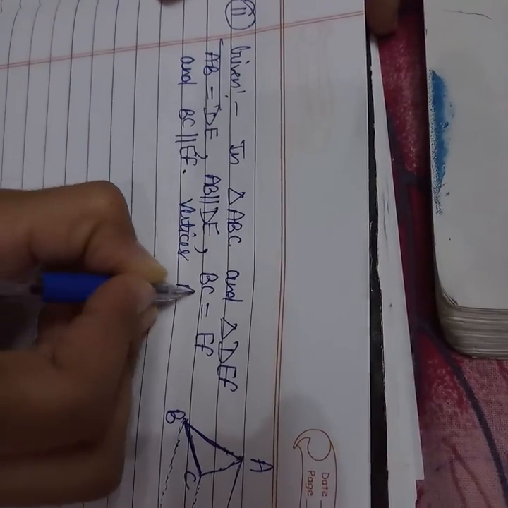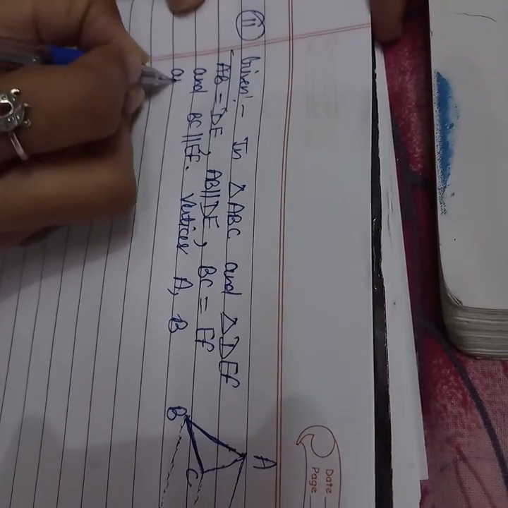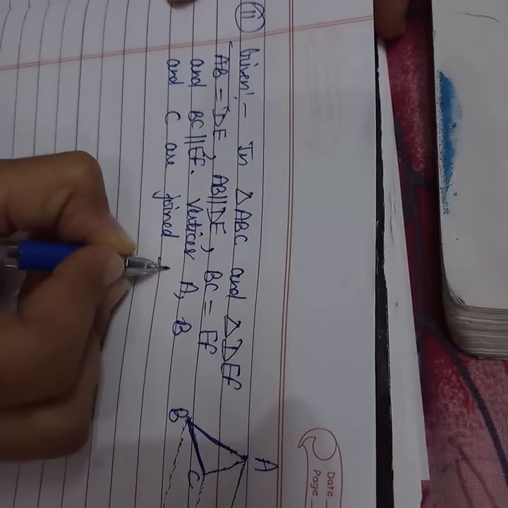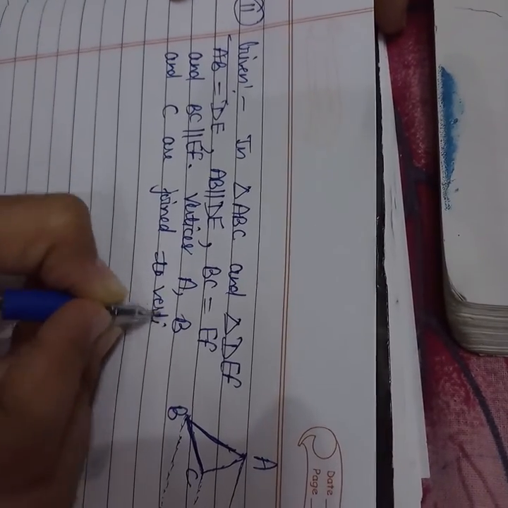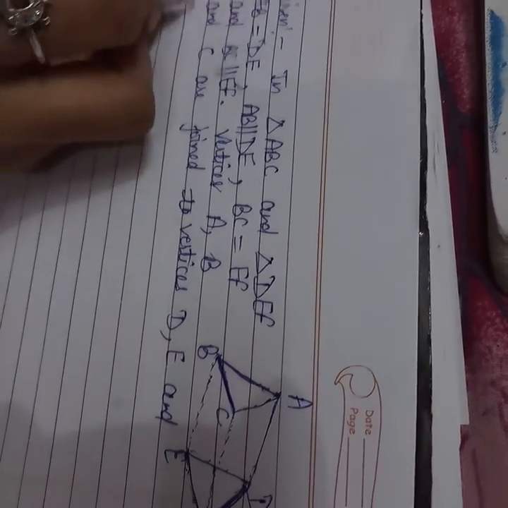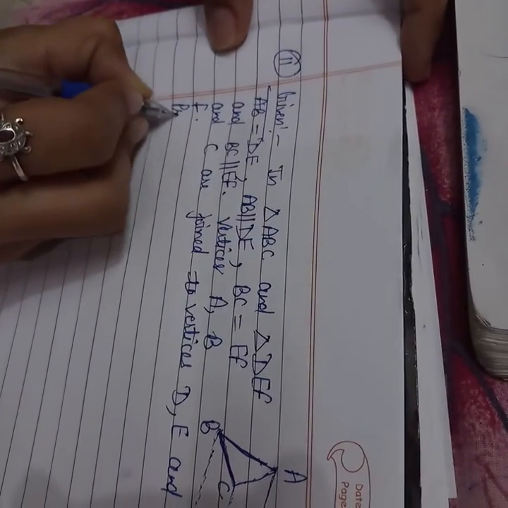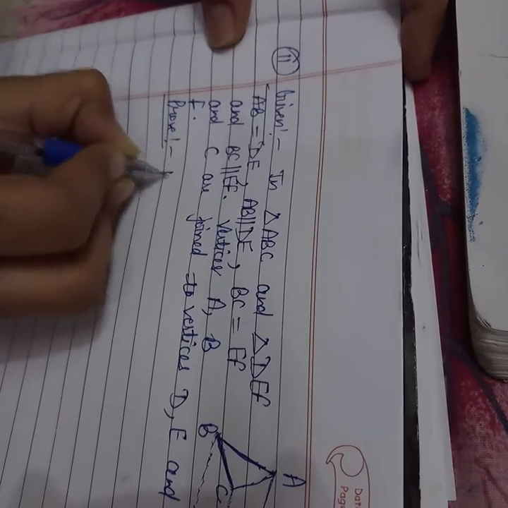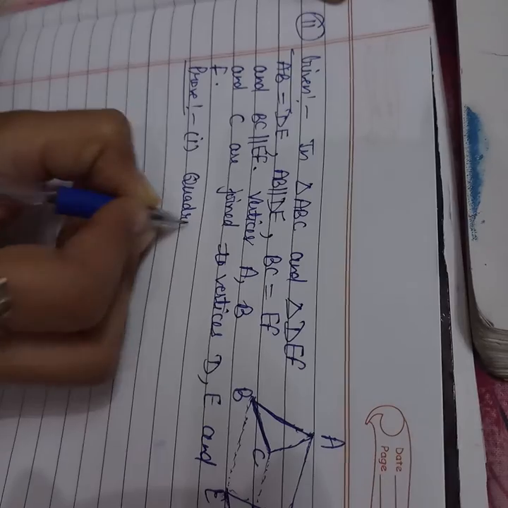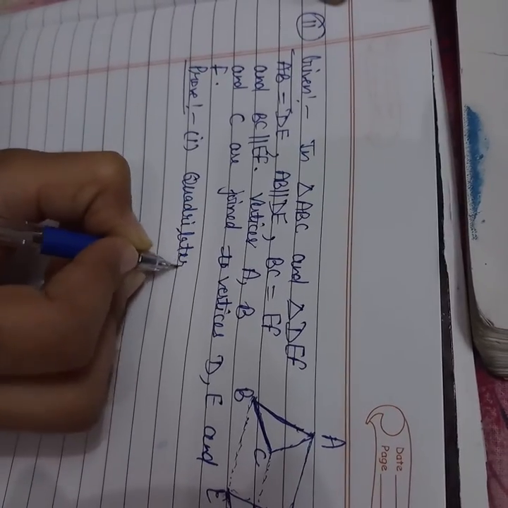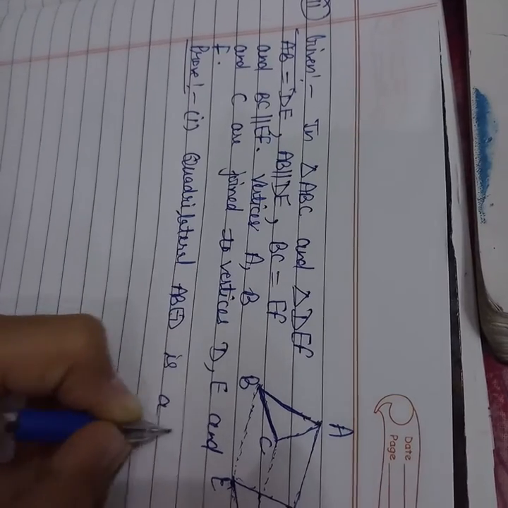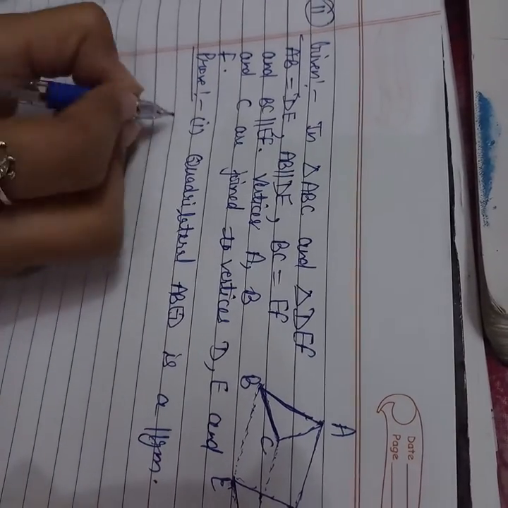Vertices A, B and C are joined to vertices D, E and F. We have to prove the first part is quadrilateral ABED is a parallelogram.